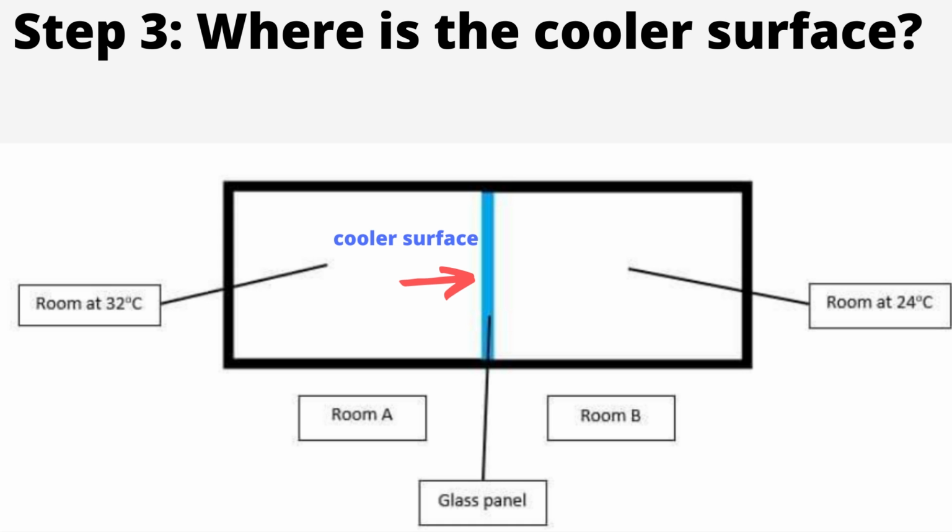There is a glass panel separating the two rooms, and one side of the glass panel faces room A, and the other side faces room B, which we know from the diagram as the right side and the left side. As illustrated by this arrow in the diagram, the cooler surface must be on this side, the left side.